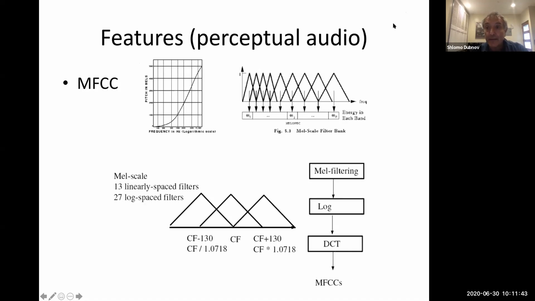Why is it an MFCC? Why is this the correct way? Is this the correct way to understand what we perceive? Why do we do the MFCCs?